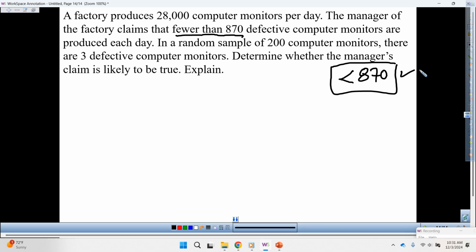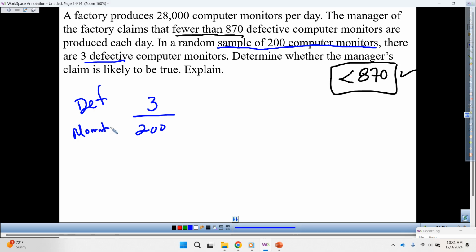Okay? So to get started, it says, in a random sample out of 200 computer monitors, 3 are defective. So I'm going to make my ratio with that. So I got 3 defective out of 200. These are defective, and these are the total monitors. So defective monitors is 3.